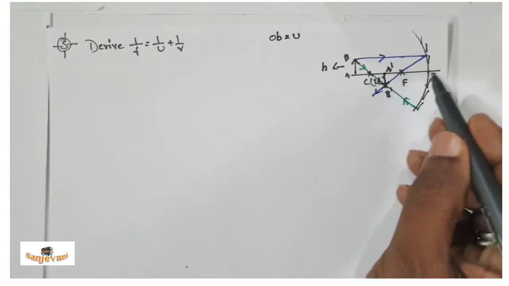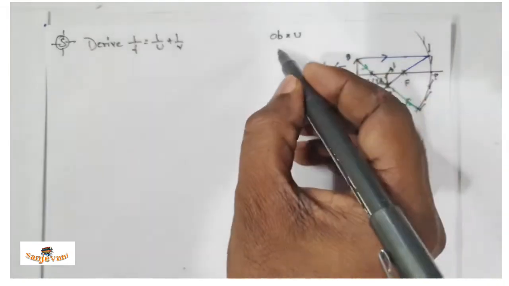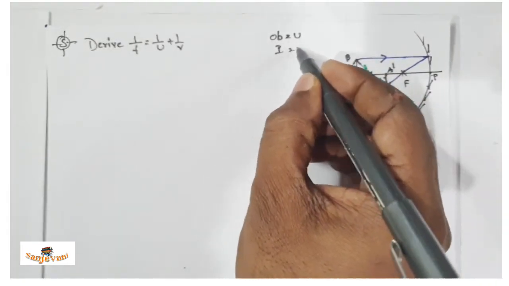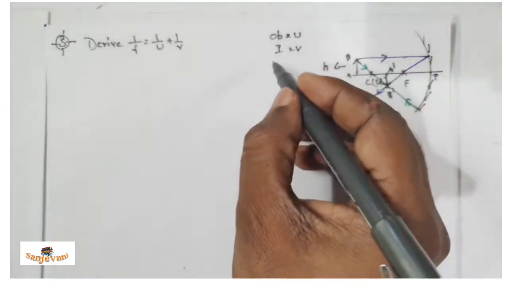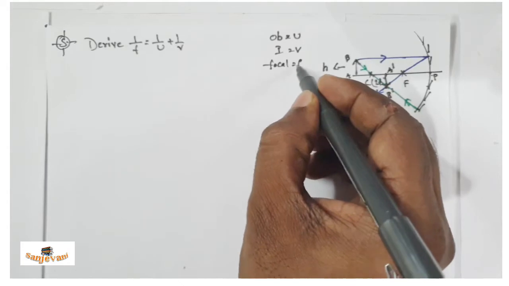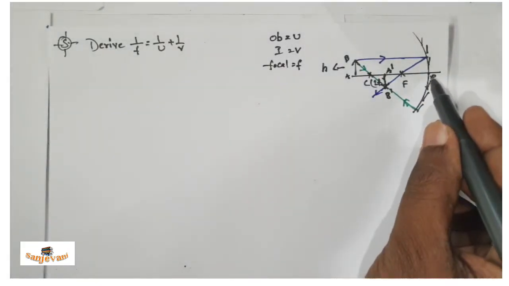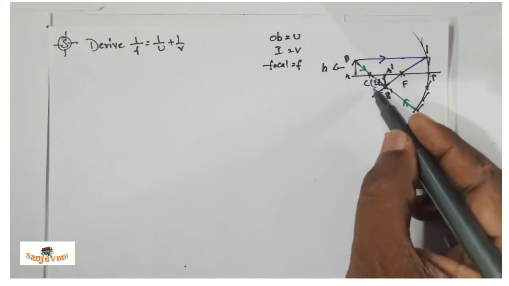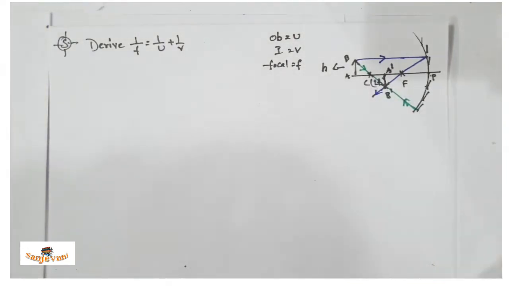That means from here to here, pole to this point, the image distance is V. Now you know very well the focal length we can call F. Now the distance from the pole to the center of curvature we can call 2f also. Why? Because it is double the focal length.